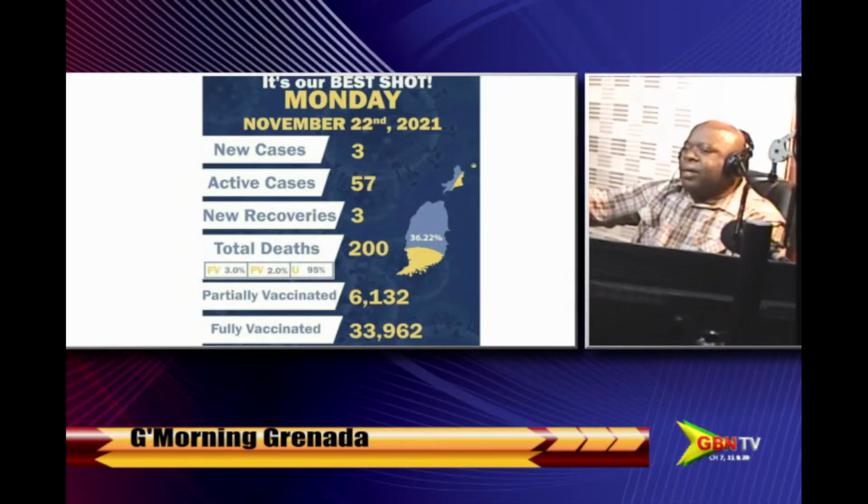We've had 3 recoveries, and among the highlights is that the death toll has remained unchanged for the last 2 weeks at least. So we're happy that is the case.